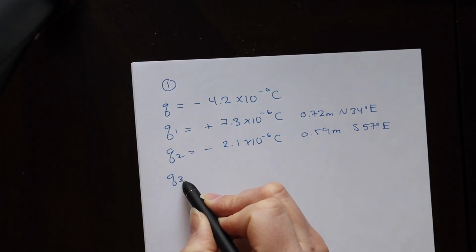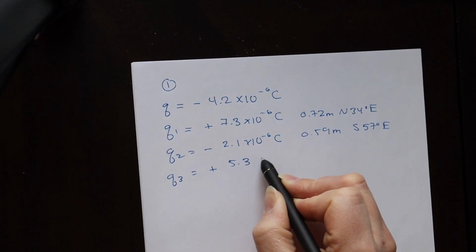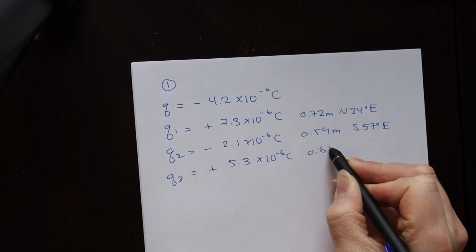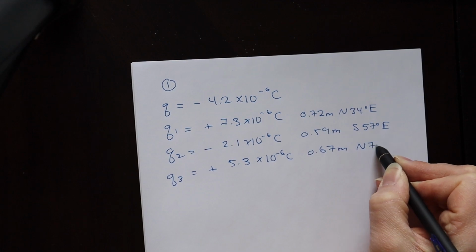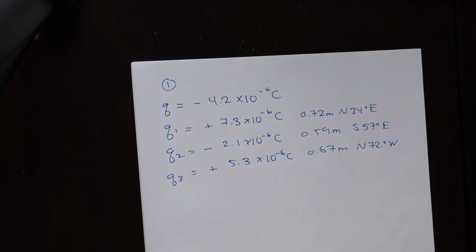And Q3 is positive 5.3 times 10 to the minus 6 coulombs, located 0.67 meters north, 72 degrees west. Alright, so just looking that over, looks like that is correct.